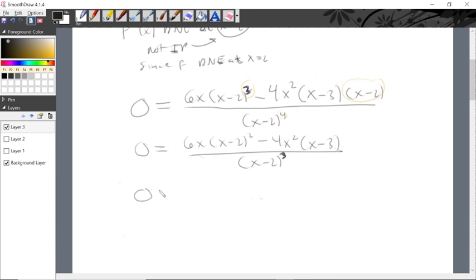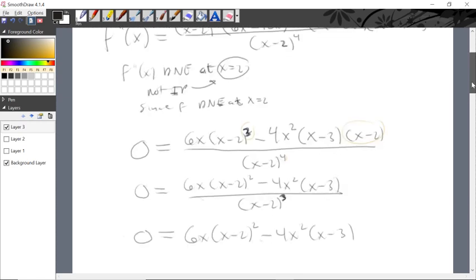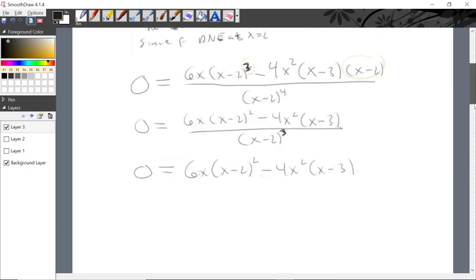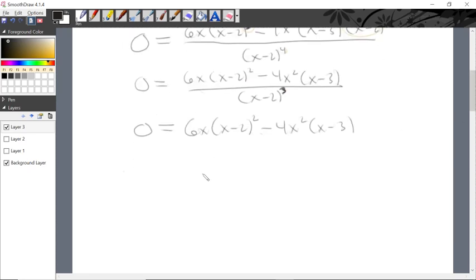We can find the zeros then by just setting the numerator itself equal to 0. Just as a reminder, if the numerator is equal to 0, but the denominator is equal to 0 at the same value, then in fact there's a removable discontinuity there, which is still something to consider when we're testing around, but we're already testing around x is equal to 2. But it's a different kind of graphical feature, of course.